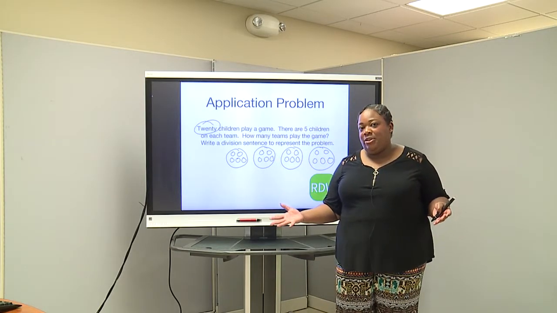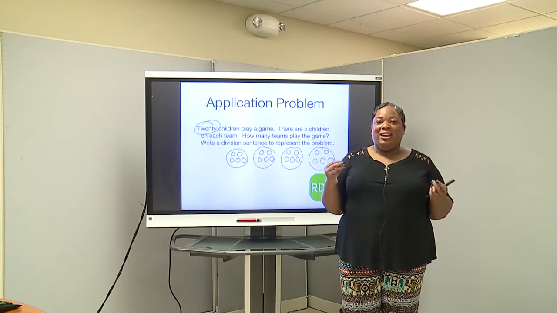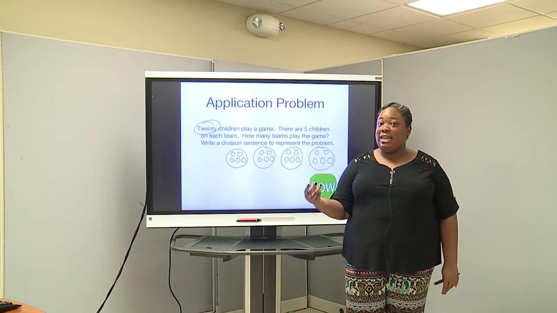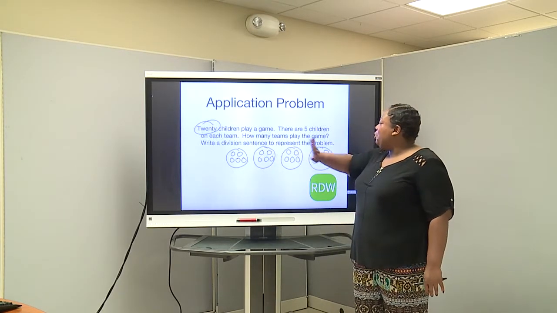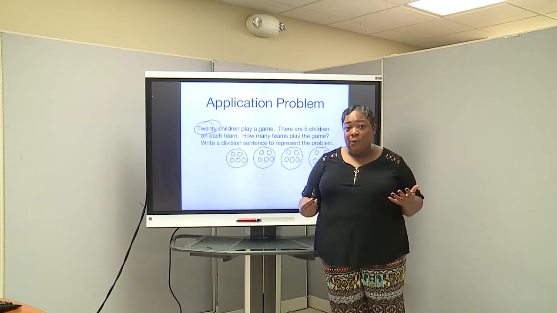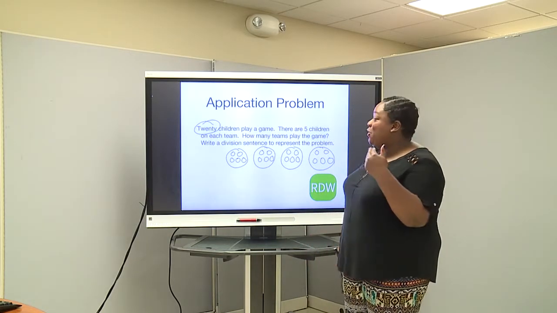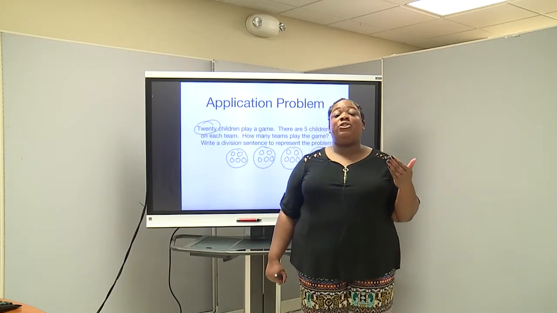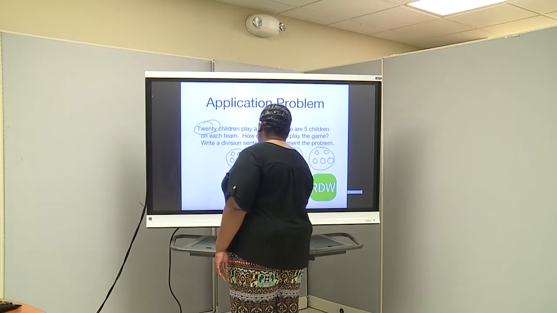How many teams are there? How could we use this picture to find out? We could count the number of groups. So let's count and see how many teams played in a game. 1, 2, 3, 4. So how could we write this as a division sentence? Well, remember, I told you when we do a division sentence, we always start with the total. So there were 20 total children.